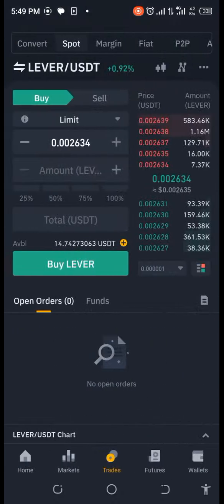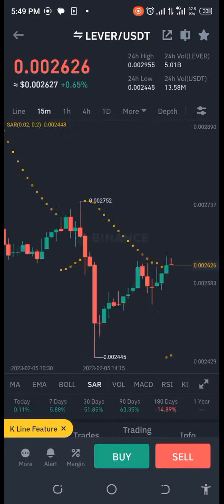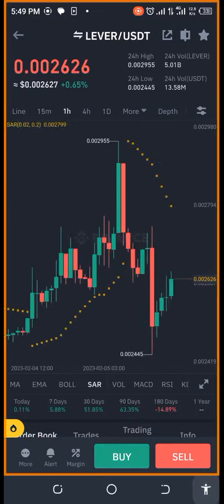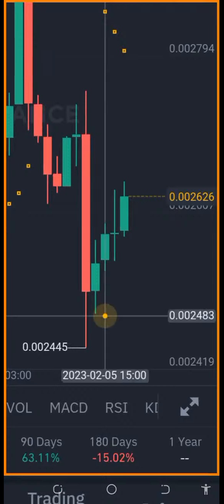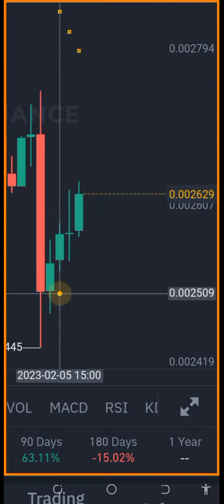So let's take a good look at the chart one more time. Not the all-time low, let's look at 1 hour, and you'll see that it actually got to, let me see, this point. Sorry, that's within the last 3 hours.